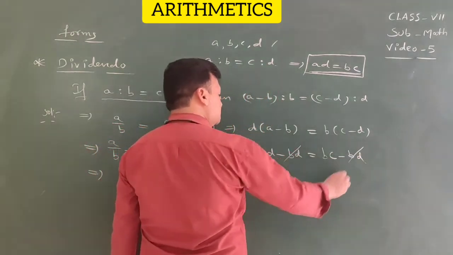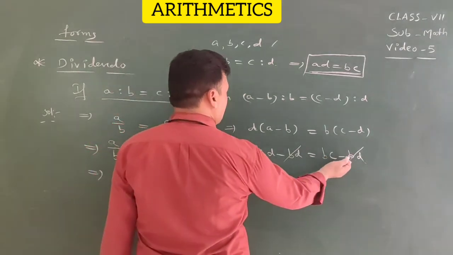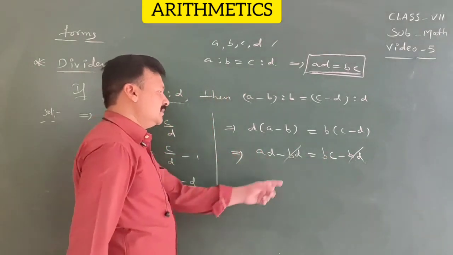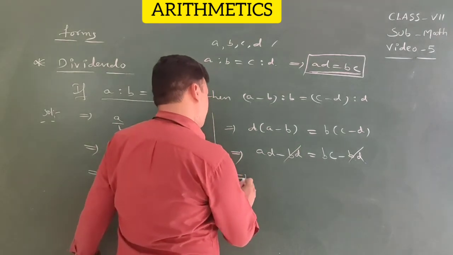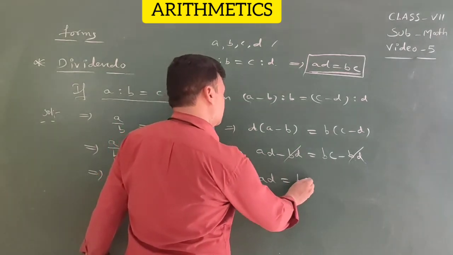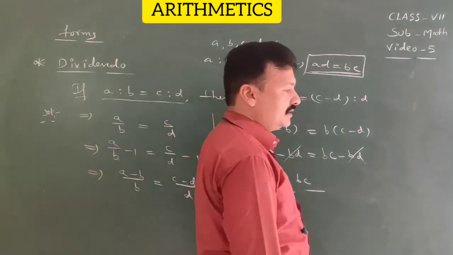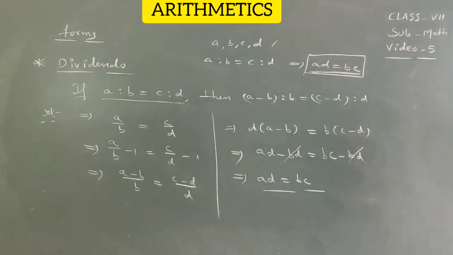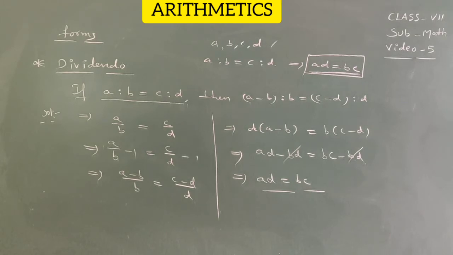Minus BD gets cancelled, because if you transfer minus it becomes plus. Here plus and minus get cancelled. Now at last AD equal to BC. If we got AD equal to BC, then we can say this change is acceptable. This change is called dividendo.